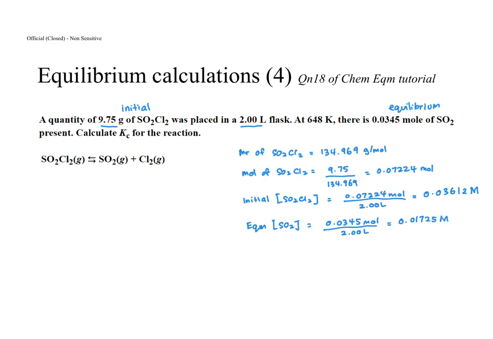So now let's do up the ICE table to find the equilibrium concentrations of all the gases. We have calculated the initial concentration of SO2Cl2, so let's put that in. Initially, there's no SO2 or Cl2, so initial values are 0. And we also know the equilibrium concentration of SO2, so let's put that in.